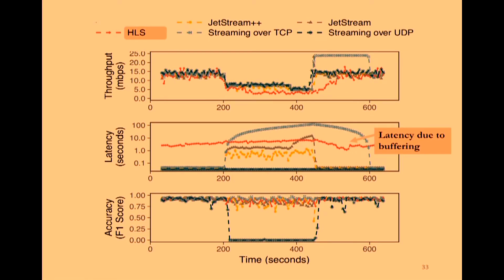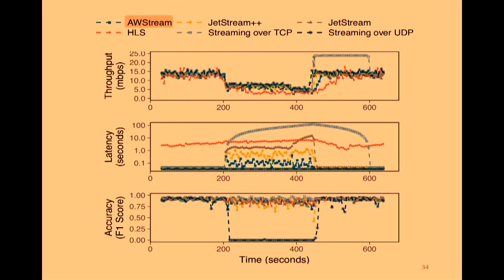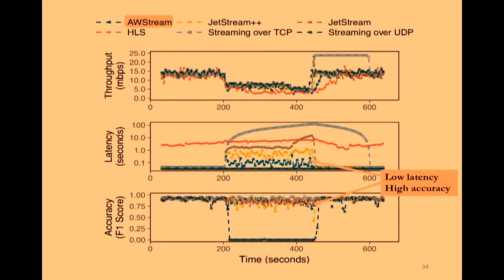For HLS, it is adaptive, but there is a fixed high latency due to its chunking behavior and the use of large receiver buffer. Finally, AWStream, which is the system, achieves both low latency and high accuracy at the same time.